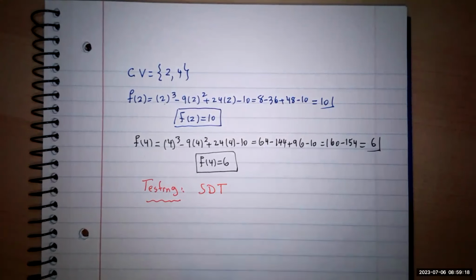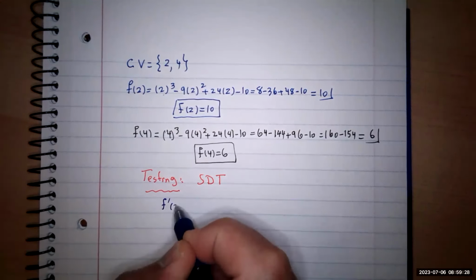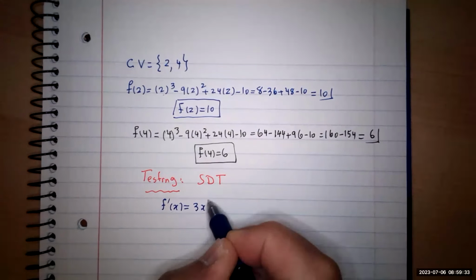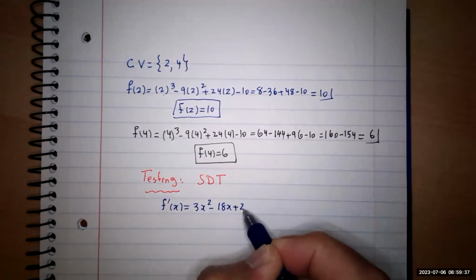We already talked about the first derivative test. So for the second derivative, you check the concavity, bring the f double prime. Remind yourself, what is f prime of x? f prime of x is 3x squared minus 18x plus 24.